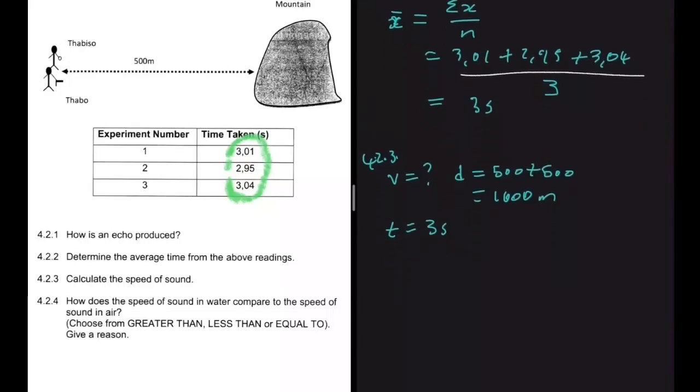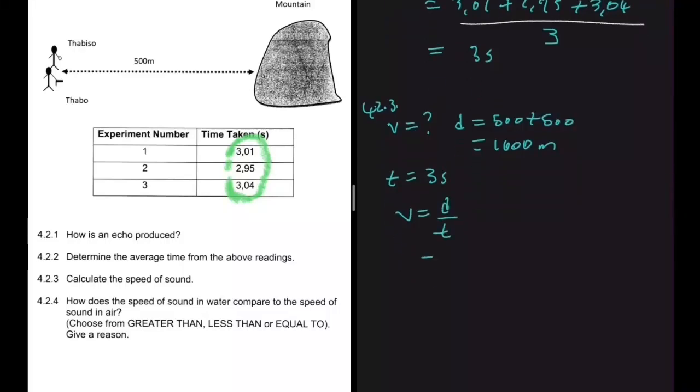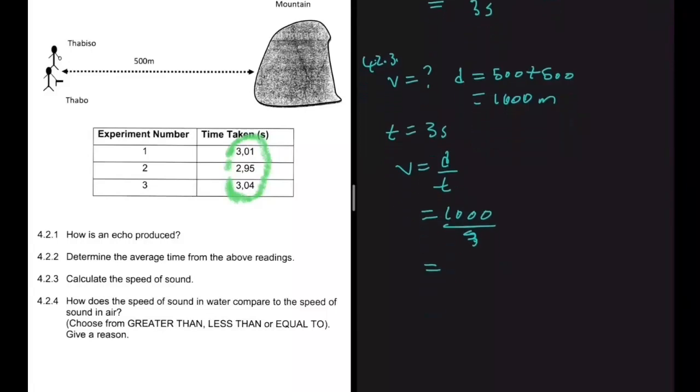So here we can go ahead and say that the velocity is going to be equal to the distance divided by the time. The distance is 1000, and the time is 3, right? It only takes 3 seconds. If you compute that, you're going to get 333.3 recurring meters per second.